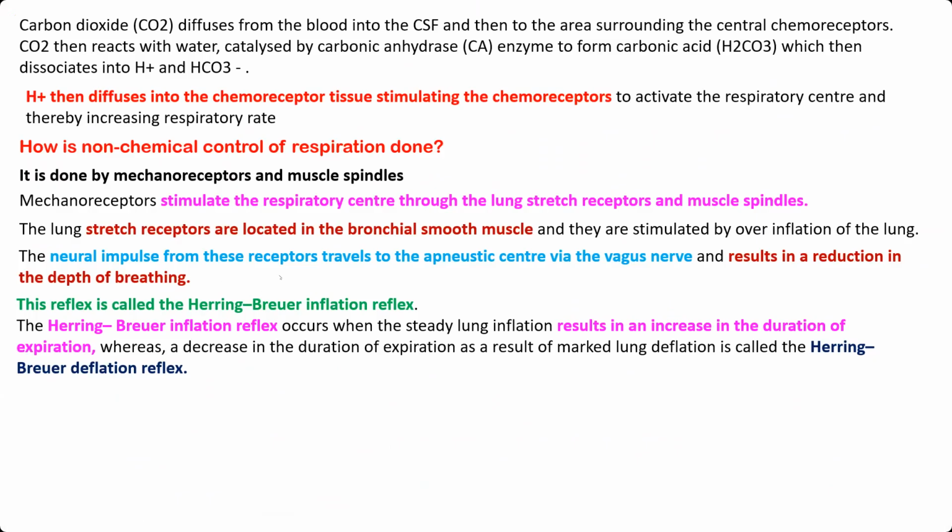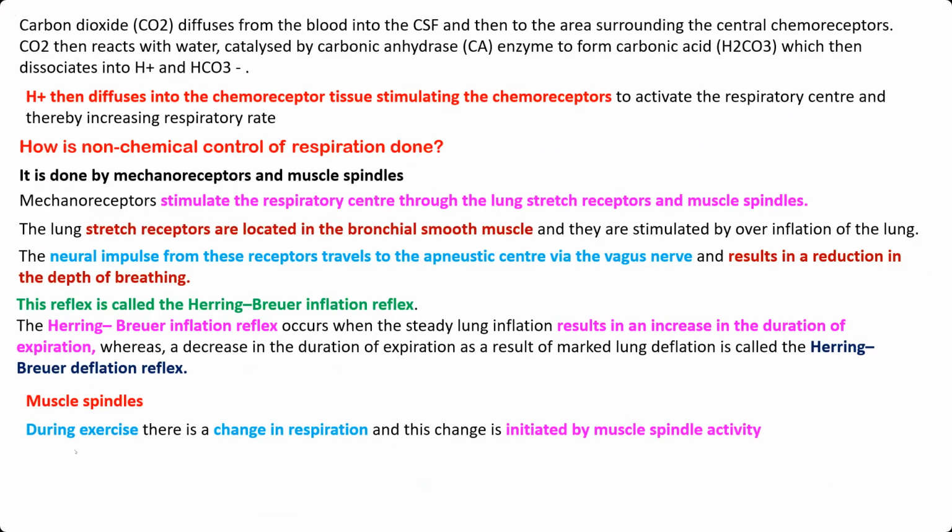The neural impulses of these receptors travel to the apneustic center with the vagus nerve and result in reduction of deep breathing. The pneumotaxic center, as I told you earlier, is for the alteration in the depth. The reflex is also called the Hering-Breuer reflex, the inflation reflex. The Hering-Breuer reflex can have an inflation reflex as well as an exhalation or deflation reflex.